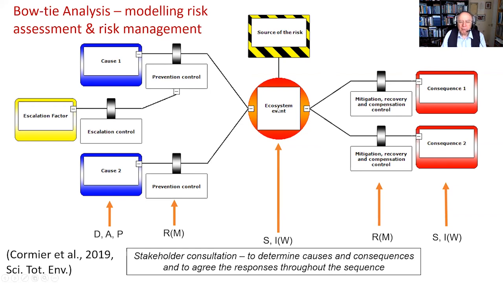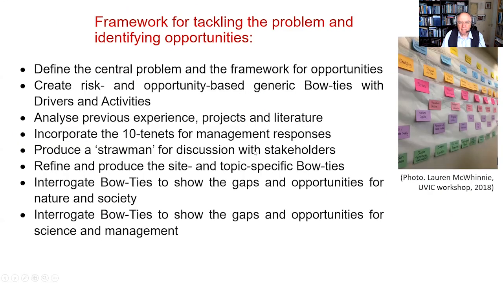If we can't put in prevention, then eventually we're going to get consequences, you know, consequences of a loss of species, or a loss of habitat, or the adverse effects of tourism or whatever. So we put in mitigation. And you see now how it's a bow tie. It's got a central knot. We might have lots of causes and lots of consequences.